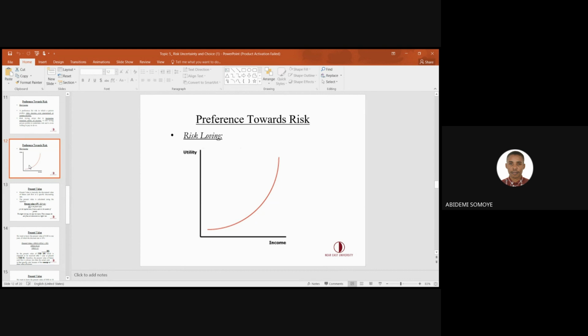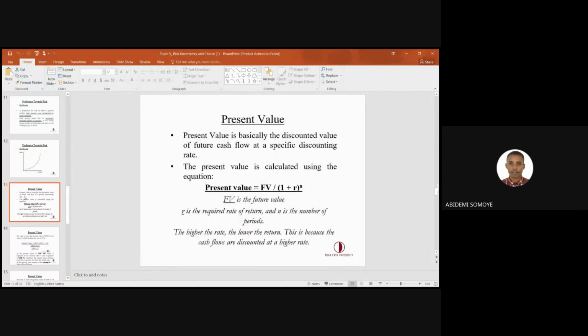You guys can't remember. So present value is future value divided by 1 plus R raised to power n. And this is it here. Future value divided by 1 plus R raised to power n. It's something that I taught you guys, so if you can't remember, please go through your notes.